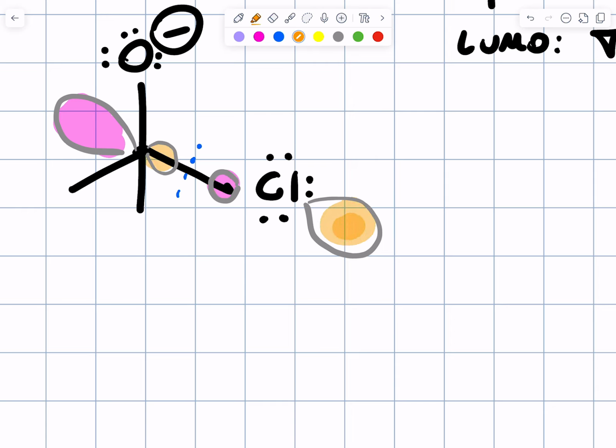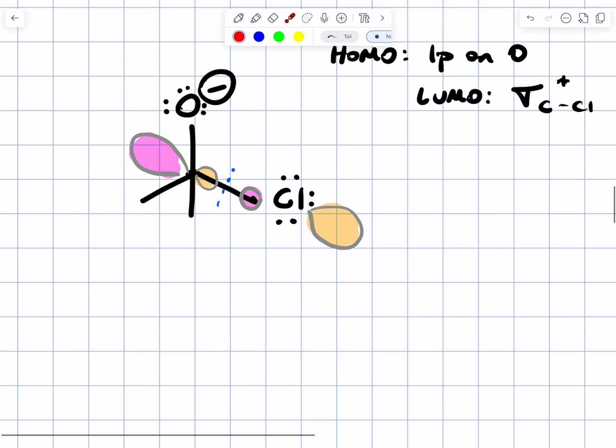Notice that in this molecule, I have the lone pair, the HOMO on the oxygen, adjacent to the sigma star. In a molecule, when I have a HOMO on an adjacent atom, and it's adjacent to the LUMO, I can do what's called an elimination reaction, where the electrons in the lone pair, the HOMO, attack the sigma star.